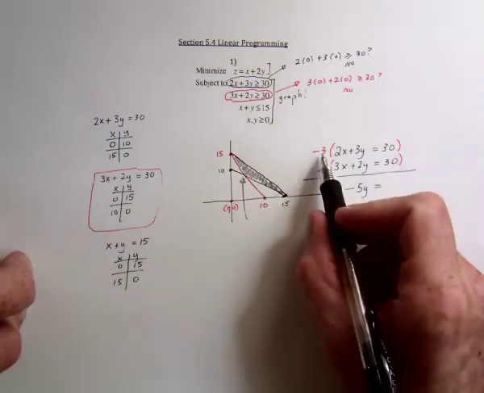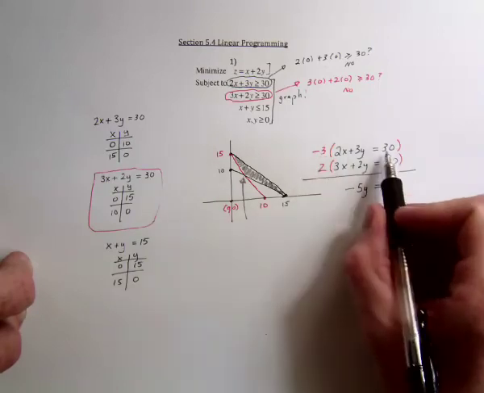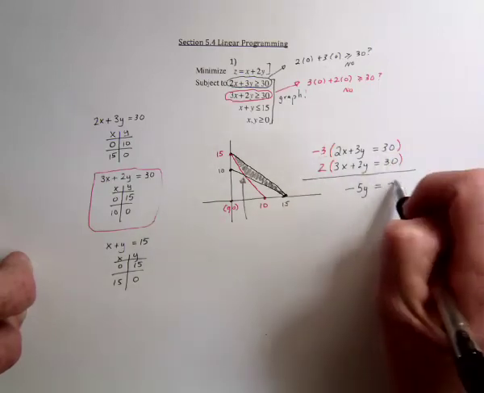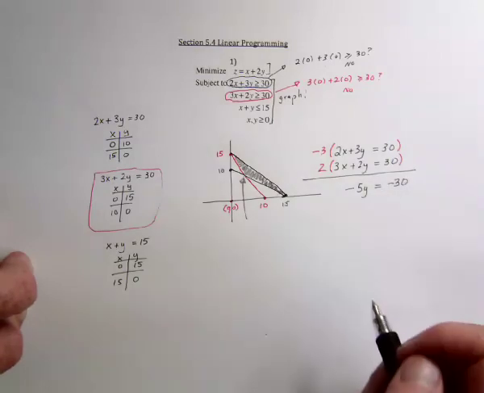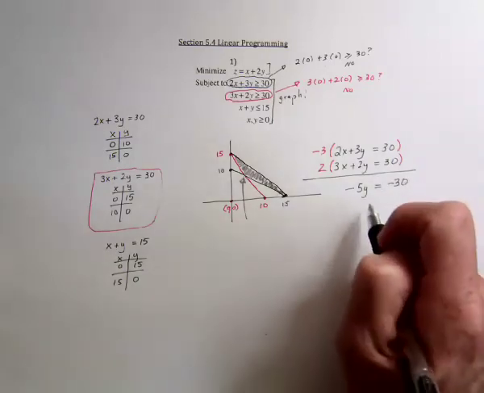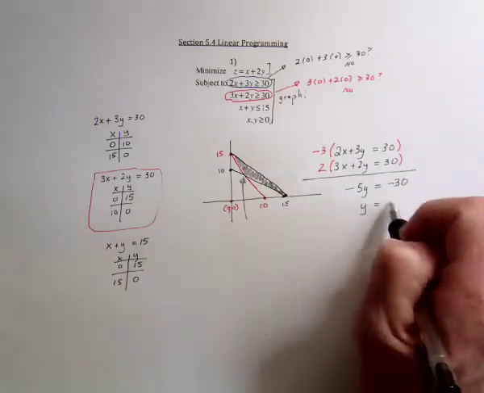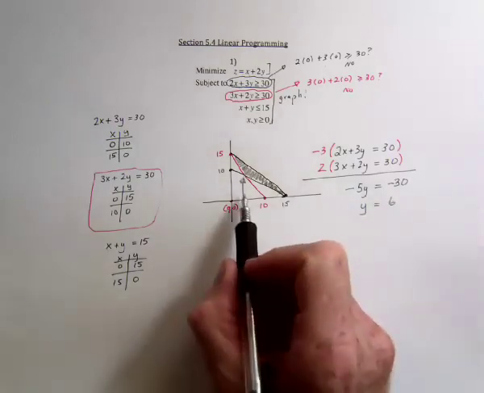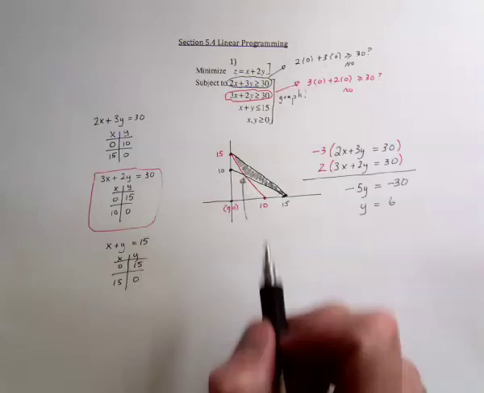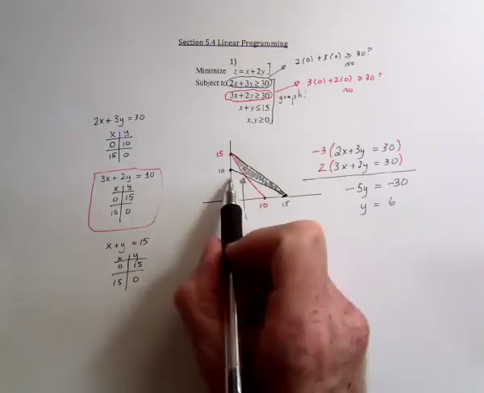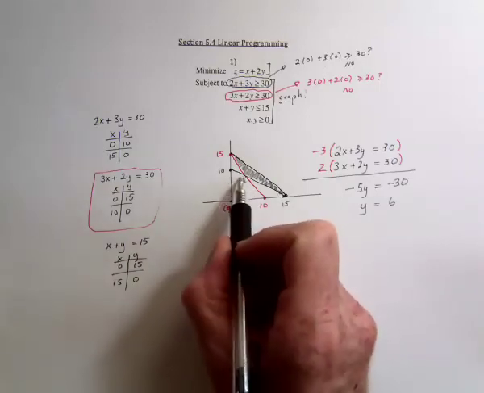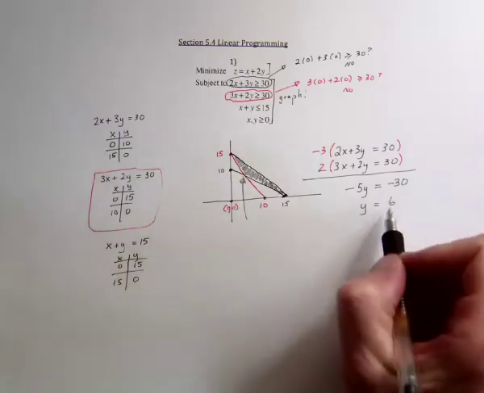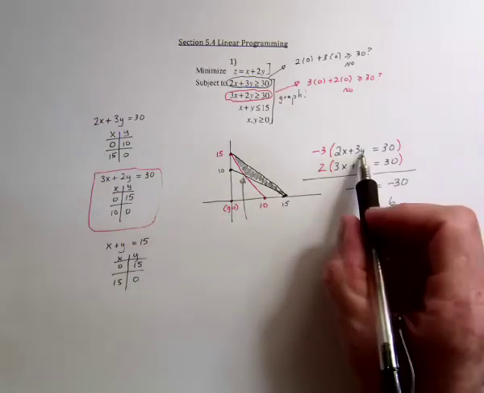And for the constant, it's going to be negative 90, and positive 60 is negative 30. And then divide to get that y is equal to 6. And then take a look at the picture and see if that makes sense, that the y value is 6. So right about here would be a 6, which is definitely possible.